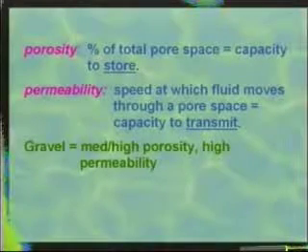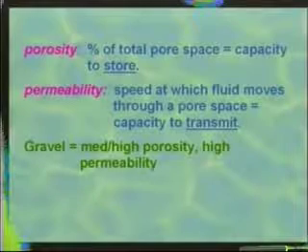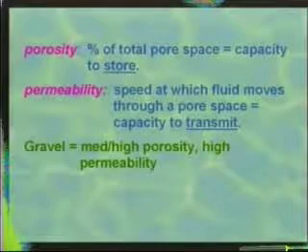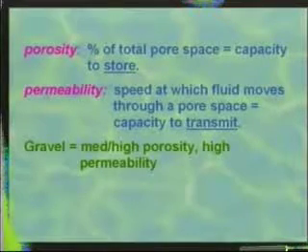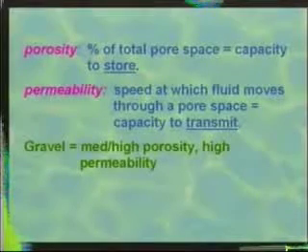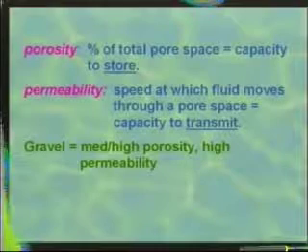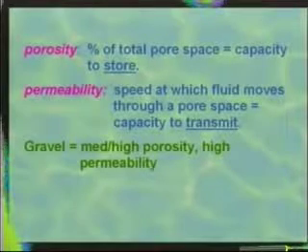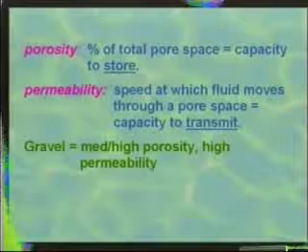So here's a type of material, a loose unconsolidated stuff called gravel. Got big grains, small grains. On the average, we say that gravels have a medium to high porosity. You could get fluids into them. They could store stuff. And they're pretty permeable. A lot of good connected pore space.